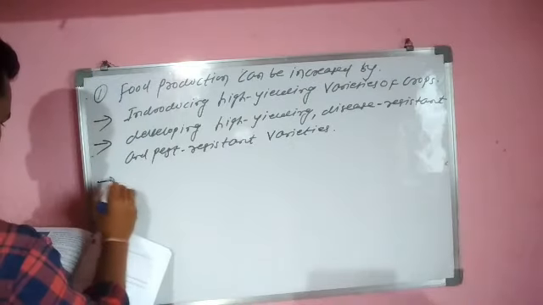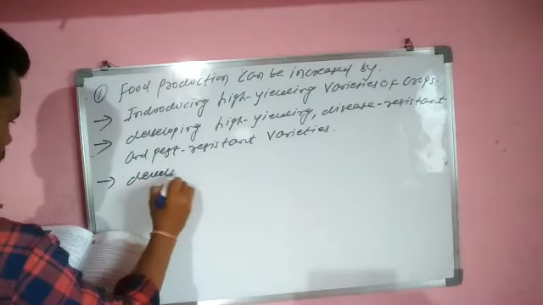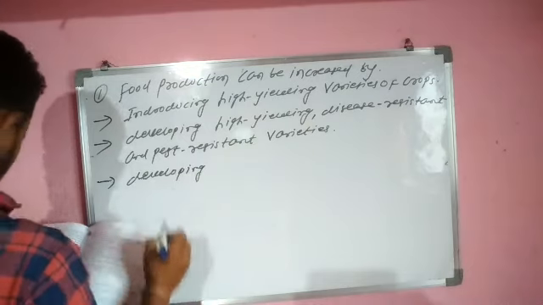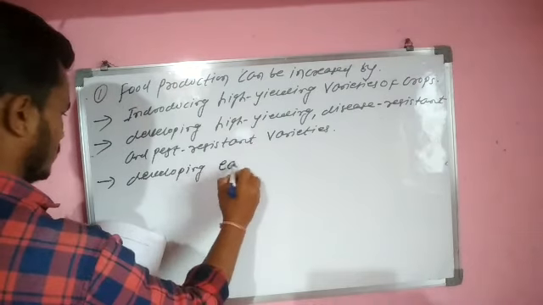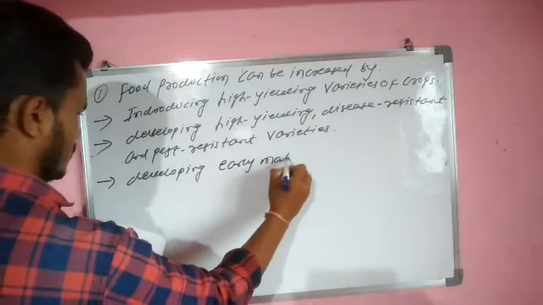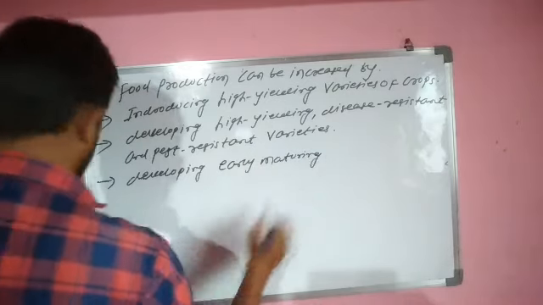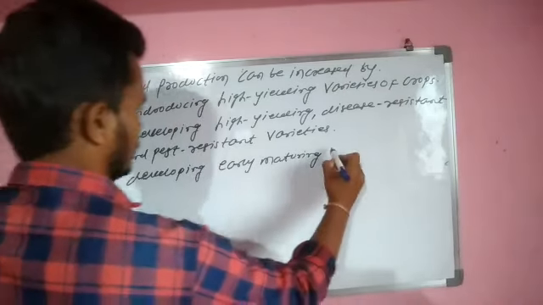Number 3, developing early maturing varieties of crops.